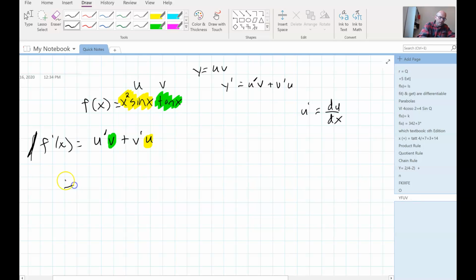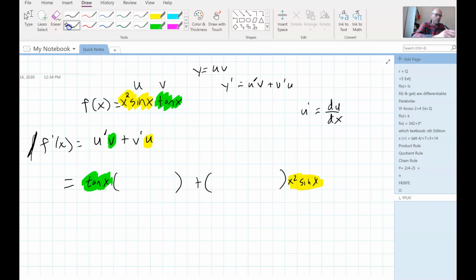So in this answer, I'm going to have tangent x times something, plus something else times u, which would be x squared sine x. That was my u, and that is my v. But what I'm missing right now is a u prime for the first one and a v prime for the second one, so I'm going to go find those things.